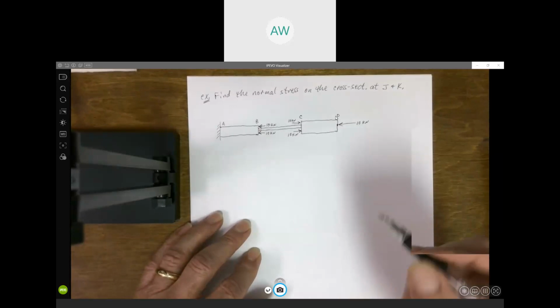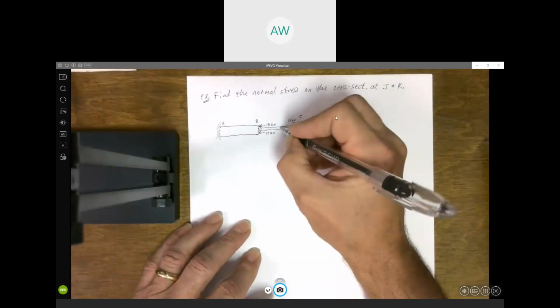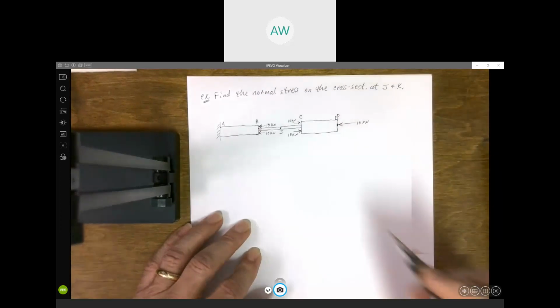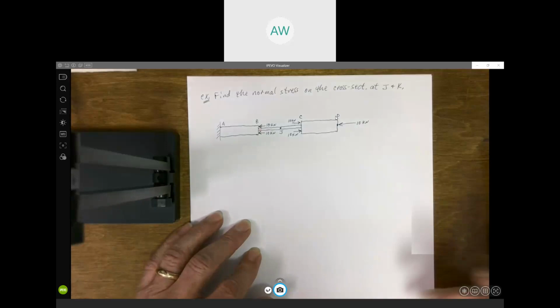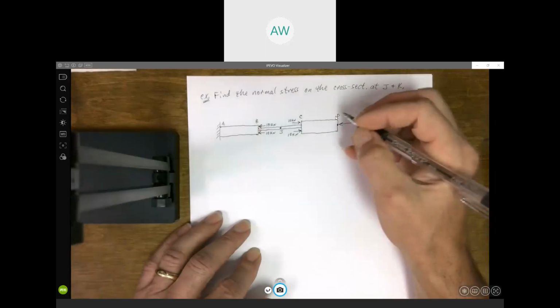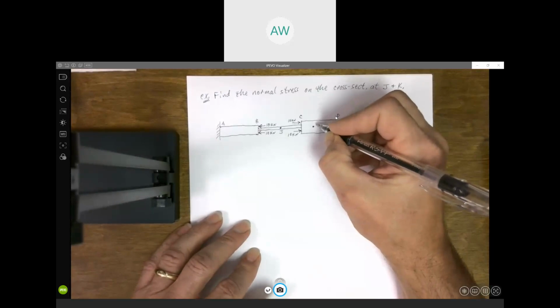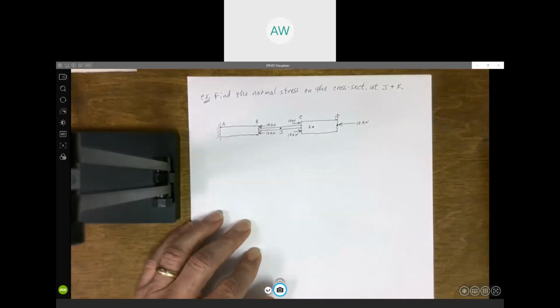And we are told point J is somewhere in between B and C. It doesn't necessarily have to be right in the middle. K is some point between C and D.